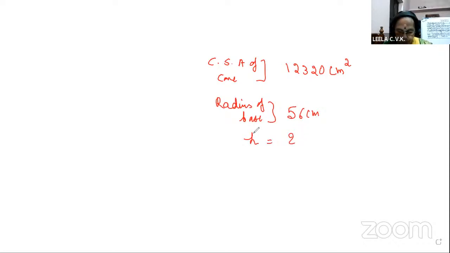Now what is the formula for curved surface area of the cone? Pi R L, which is given as 12,320 centimeter square. Now, H we cannot find directly. For a cone, L square is equal to H square plus R square. So what will we write?